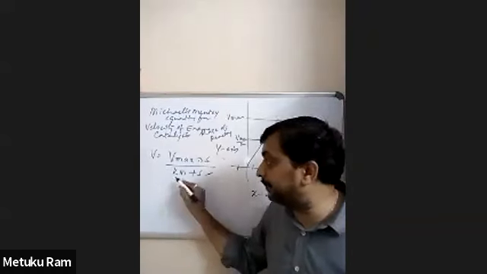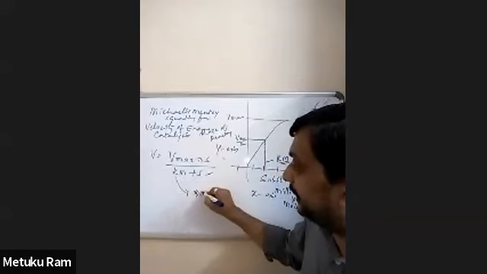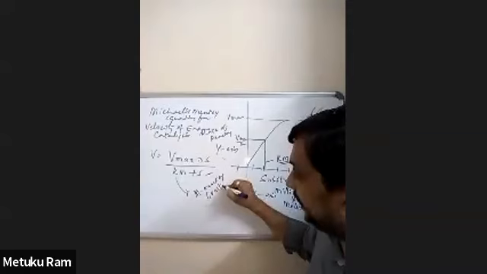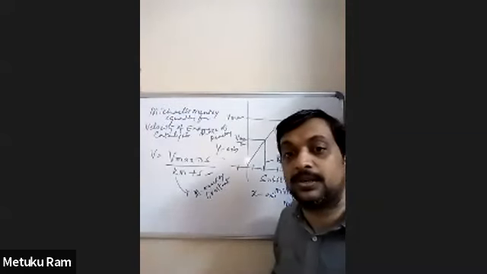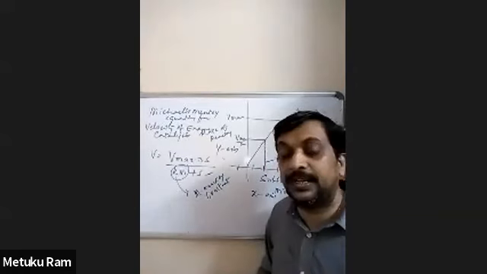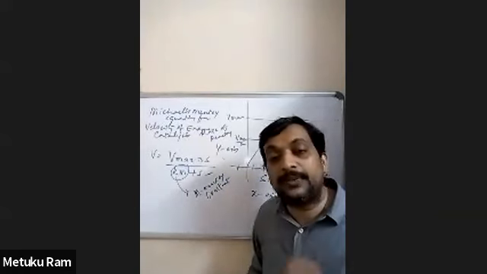Now, what is Km? This Km is the Michaelis-Menten constant. How to calculate the value of Km?